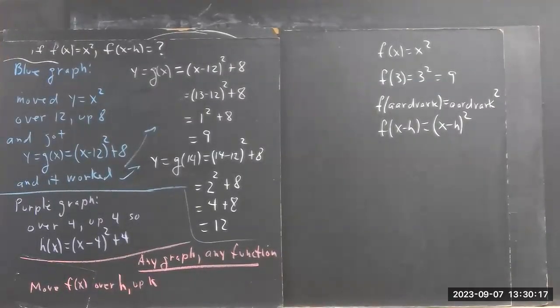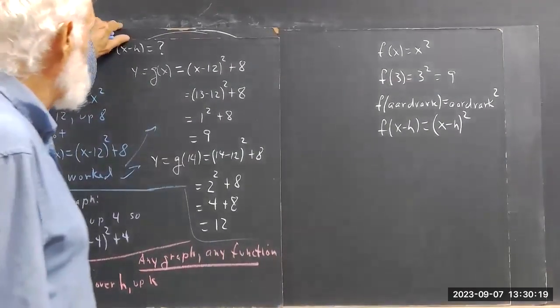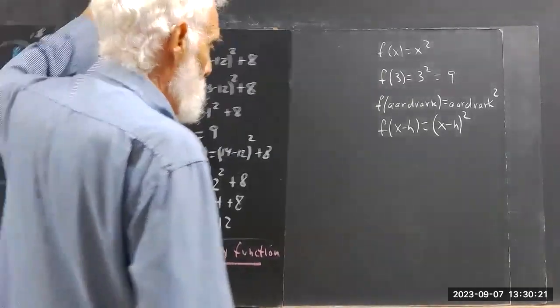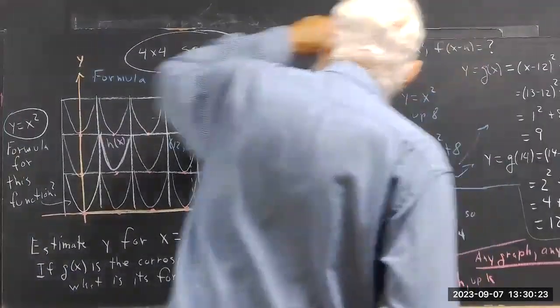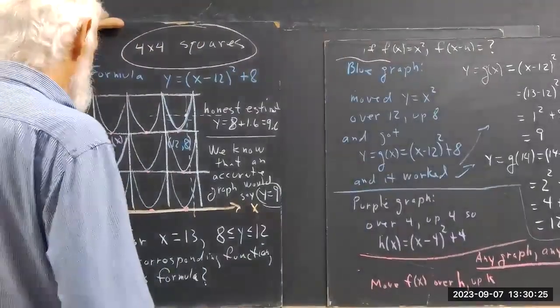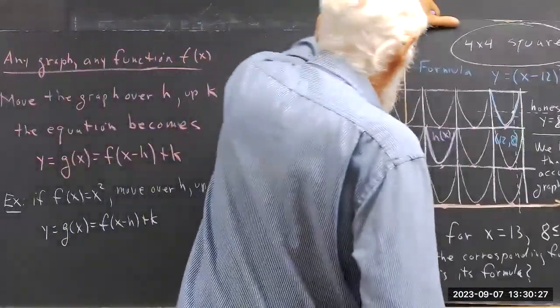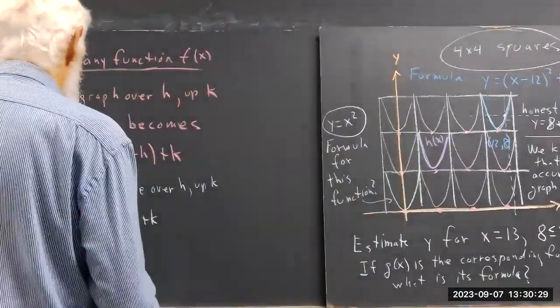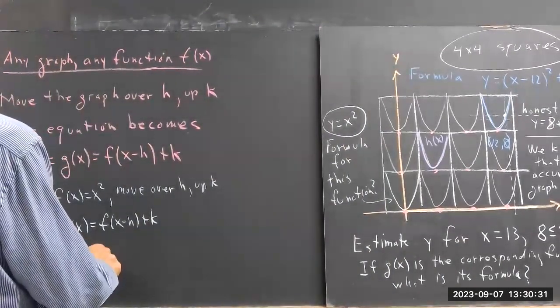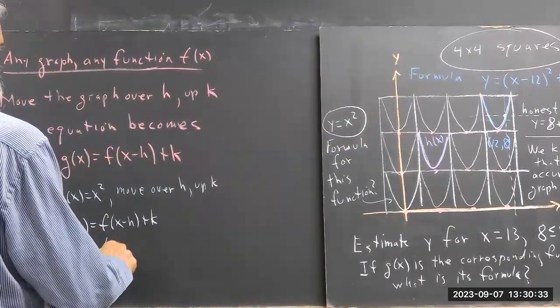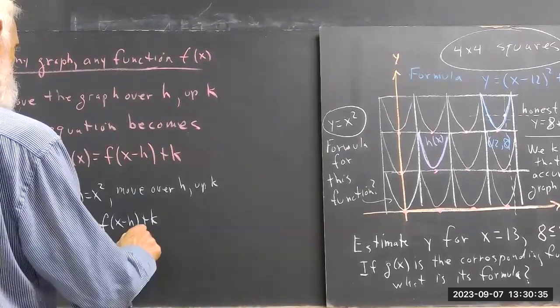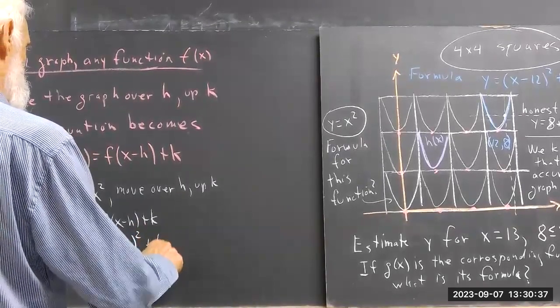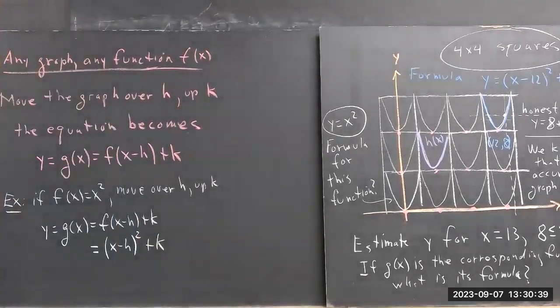So, coming back to wherever we wrote this down, we get x minus h squared plus k.